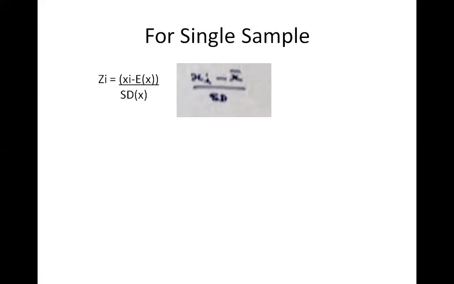For two samples or more than two samples, I'll discuss in my next lecture. That is also an important concept. But today we will talk about single sample. So Z statistics for single sample is known as Z score.